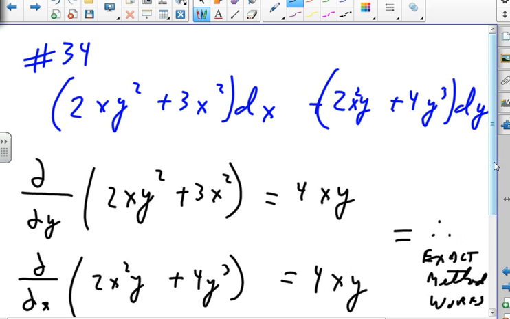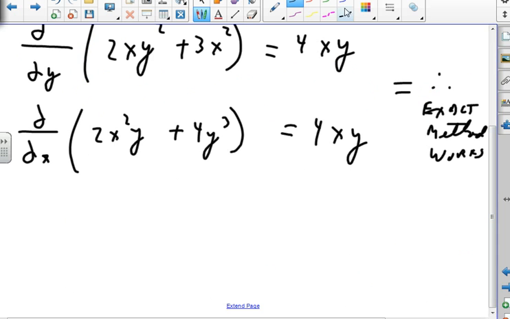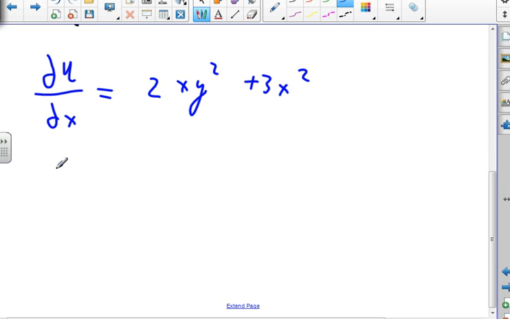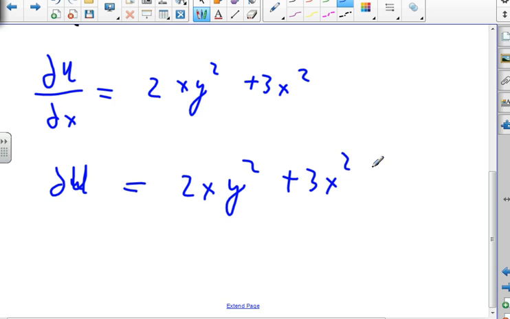All right, now that I know that it works, I know that the partial of u with respect to x is the first guy, 2xy squared plus 3x squared. So the partial of U is 2xy squared plus 3x squared, partial x.